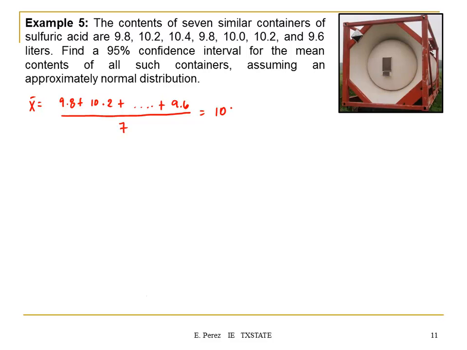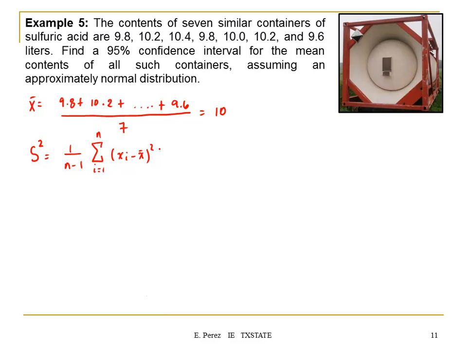The sample variance, correct. To get the sample variance, you know that this equals 1 over n minus 1 times the summation from i equals 1 to n of x_i minus x bar, squared.